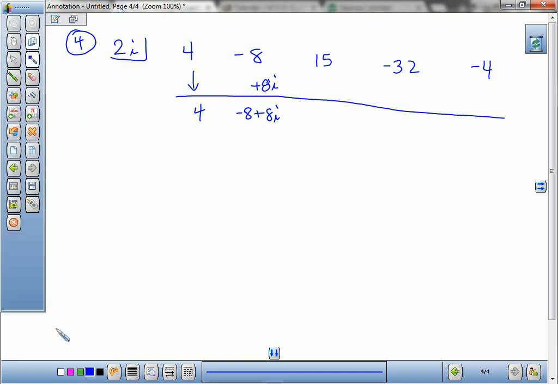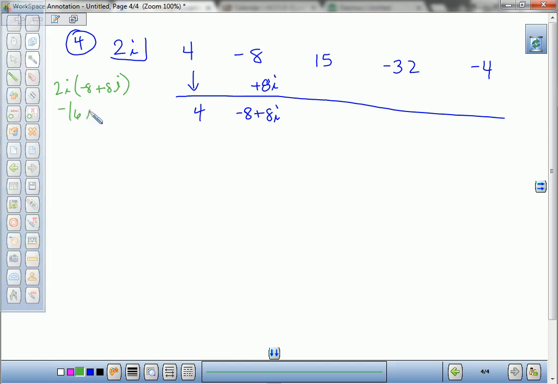Okay. So now we have to do 2i times negative 8 plus 8i. So this makes negative 16i plus 16i squared. But what does that i squared do? Makes it a negative.